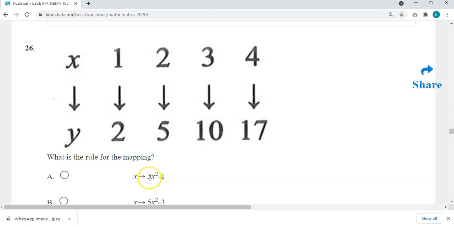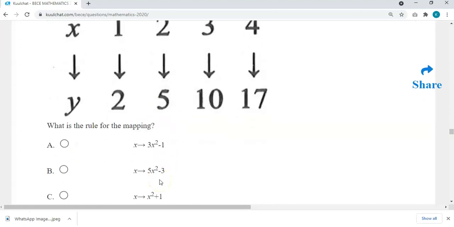So 4 times 3 is 12 minus 1, which gives you 10. And here is not 10. So they do not match the rule, so you skip it. Like I said, it worked over here, but it didn't work for the other one. So if it didn't work, then you just move on.